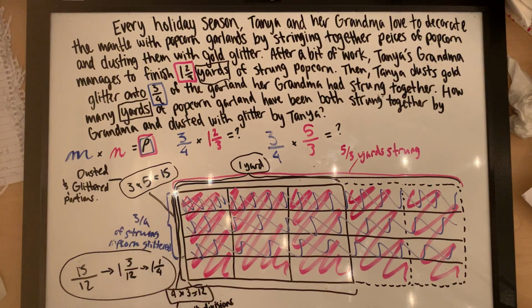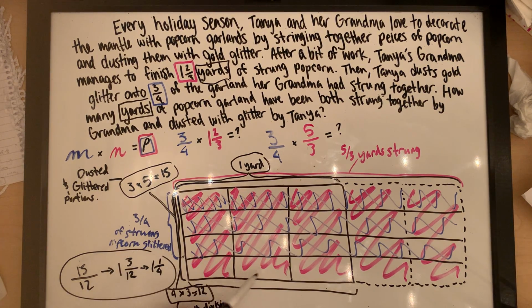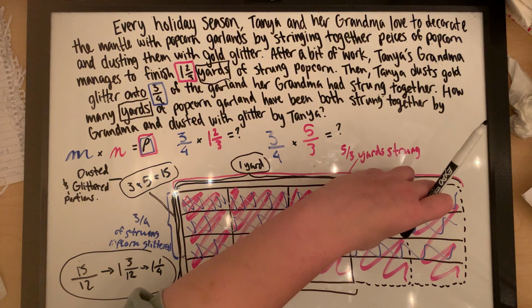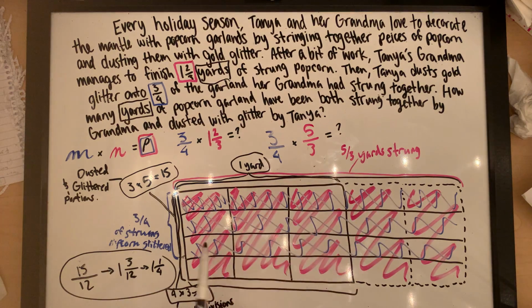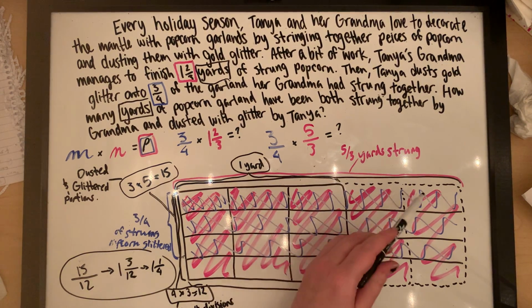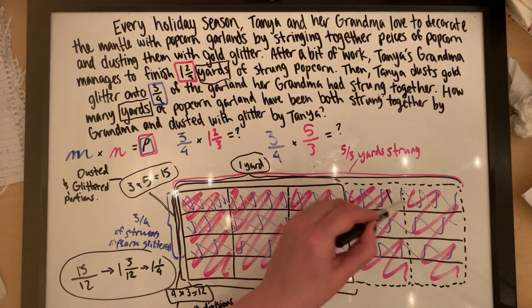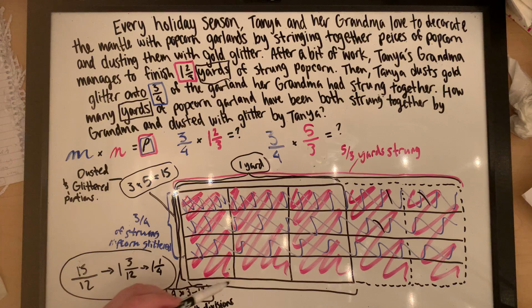So just looking at our 1 yard, we see that we are 3 away from completing 1 full yard. So we can actually just borrow 3 of these sections and fill them over here. So just marking those off and counting them over here.